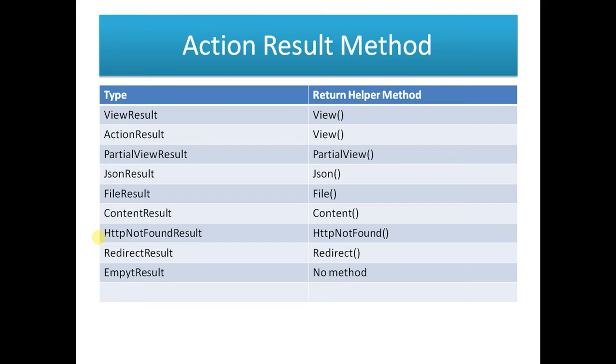File result returns a file. Content result returns content. HTTP not found result returns HTTP not found, like 403, 404, 405. And redirect result or redirect to action result, which will redirect to another action. And another one is the empty result, which returns nothing and has no method.